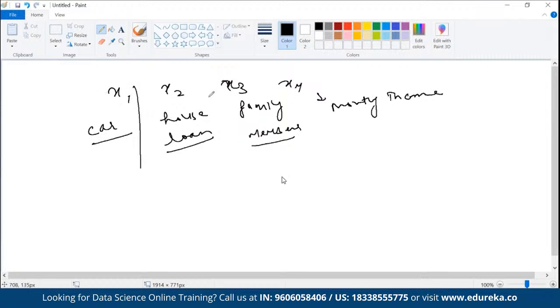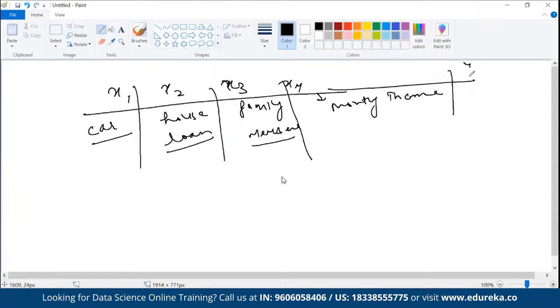And then there can be other features or attributes. And what is this y? This y is: tell me if a person should be given the loan or not. So what is it? It's nothing but a predictive model. So you will have to come up with the model.